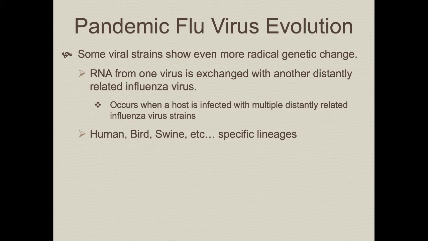So this is where we get a lot of these really bad viruses, people working in the swine industry or people in Asia working with large duck herds. This is where we can get some major flu outbreaks.